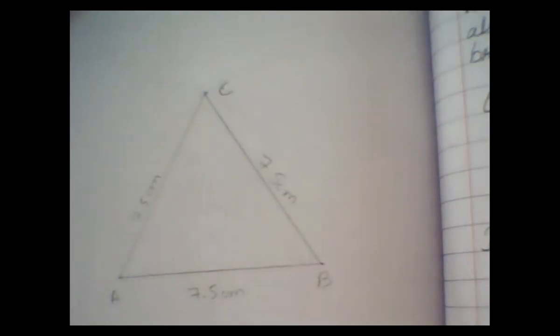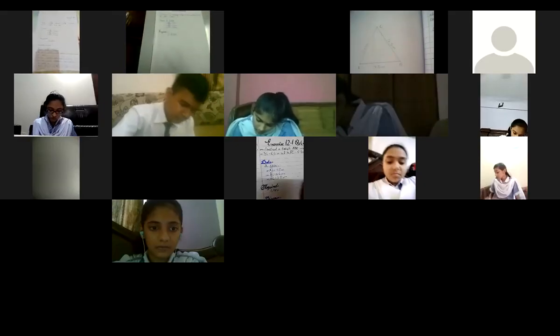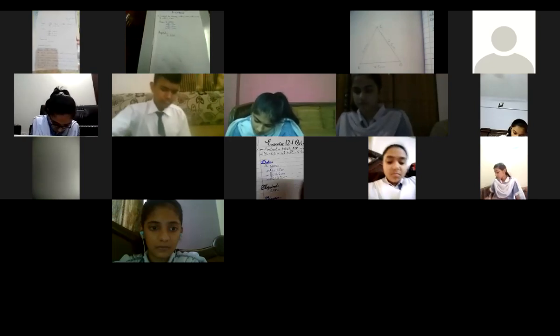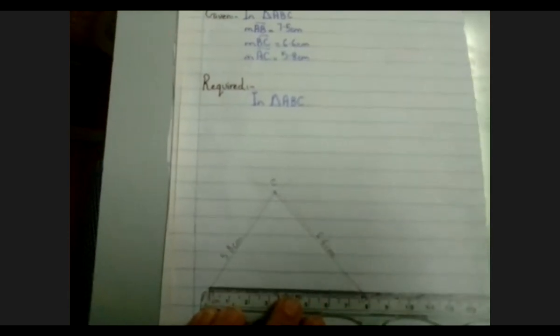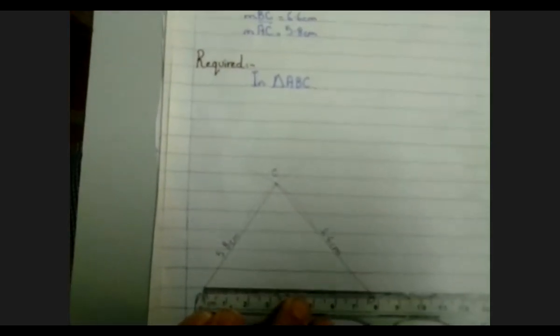Now I want you all to quickly share your triangles. Here Sanya is sharing the triangle, Jay Kumar is sharing the triangle. The question was 7.5. Sanya, can you put your scale on 7.5 to show me whether it is 7.5 or not? 0 till 7.5.